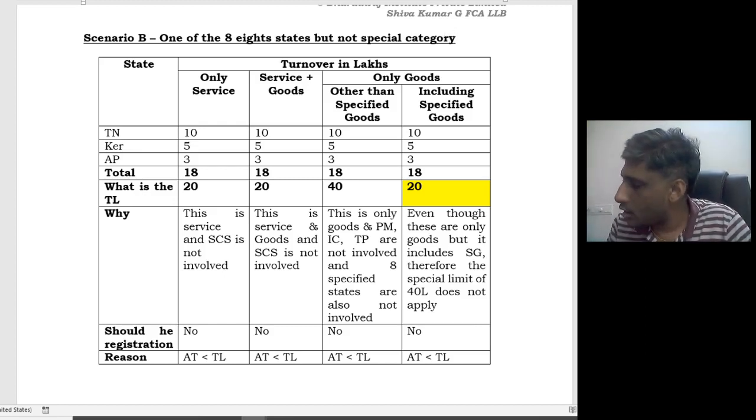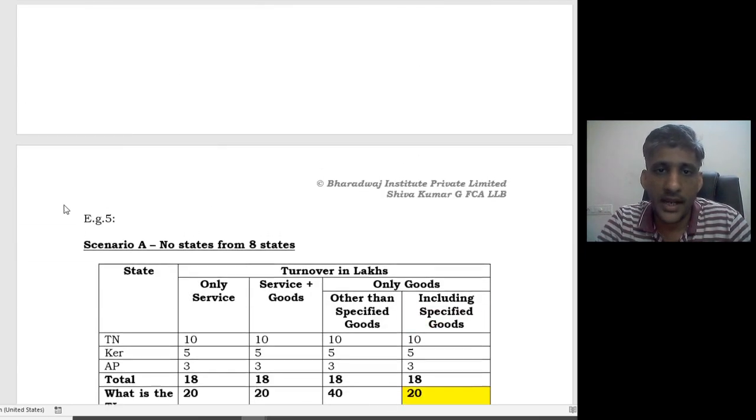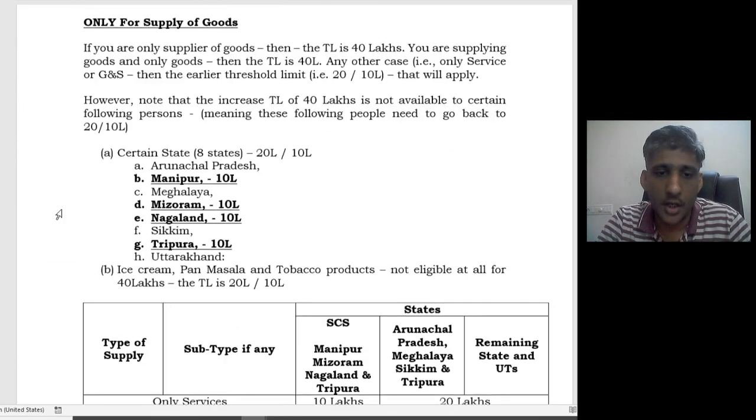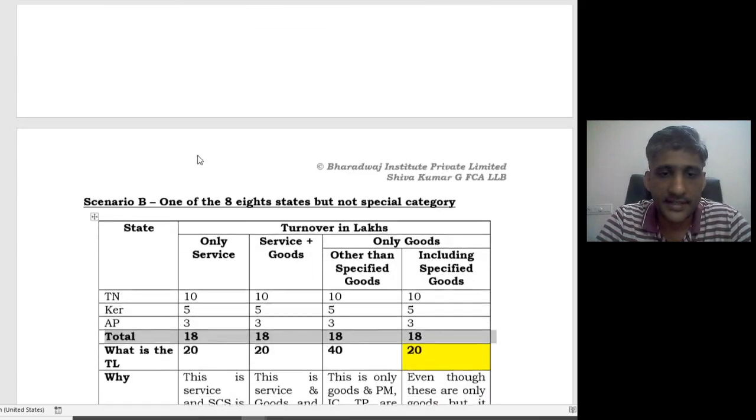Which means we are not going to be in special category states, so it is not going to be Manipur, Mizoram, Nagaland, Tripura. Let's say we will take Sikkim.